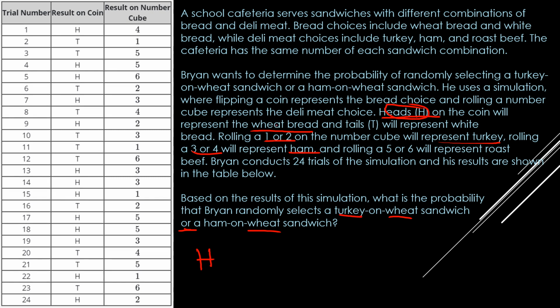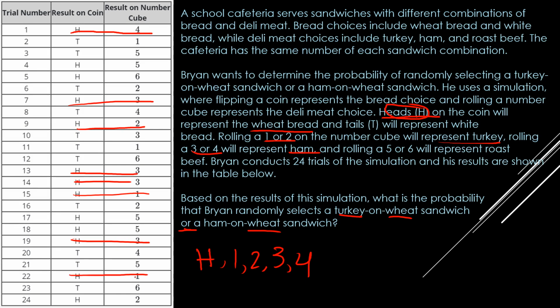And turkey is represented by 1 or 2, and ham is represented by 3 or 4. So I am looking for any time in this table where I have heads and I'm landing on a 1, 2, 3, or 4 on my dice. So here is one. Let's see, I'm just going down. Here's another, and another. 1, 2, 3 in a row.